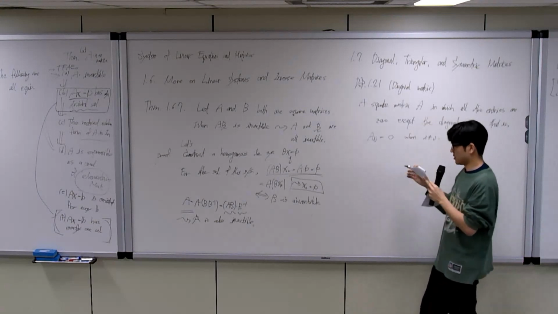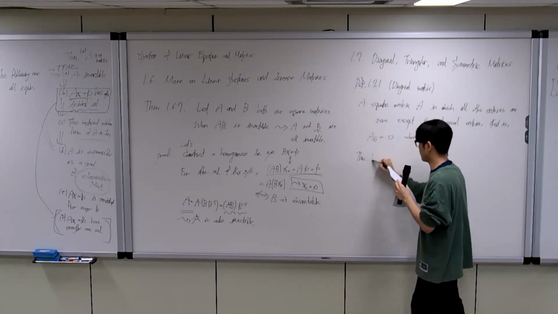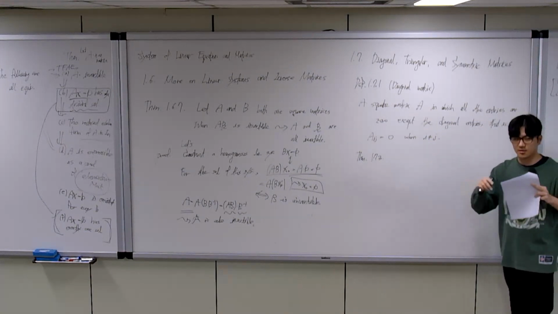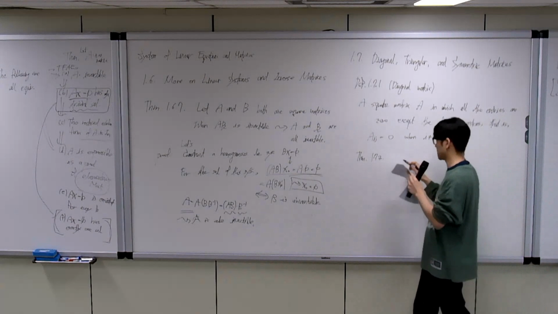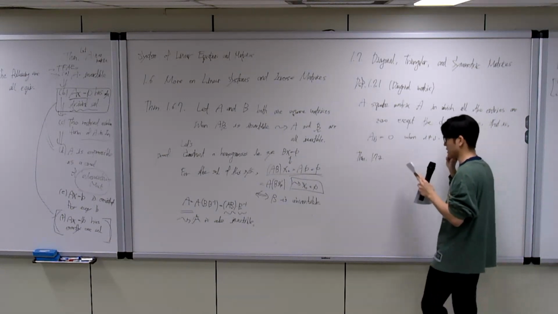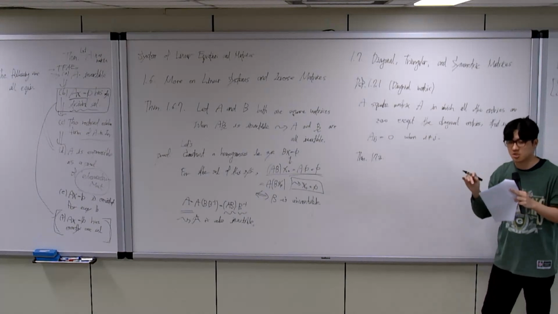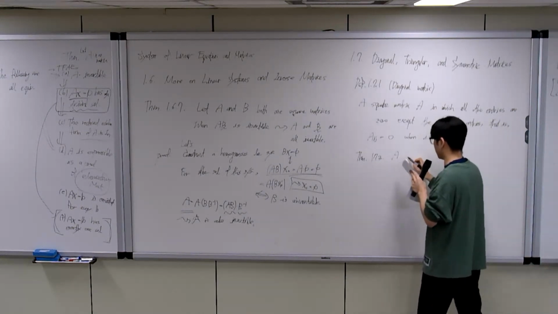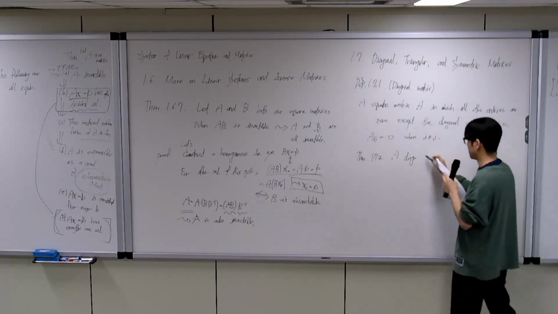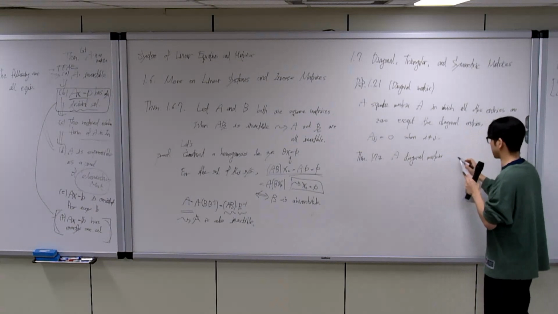And maybe I will skip the proof of this theorem. I wrote down the proof in my notes, but it is short: if there is a row whose entry is 0, then it will give infinitely many solutions, so the diagonal matrix will be non-invertible.